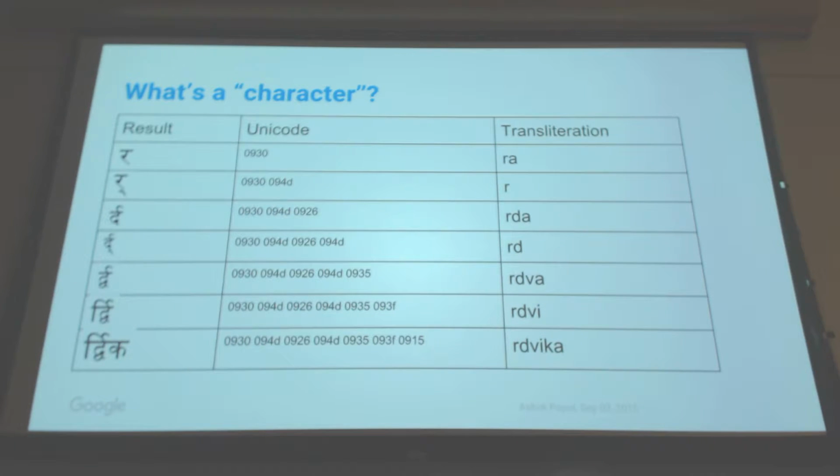So in Hindi, one way to approach it is to say that we also have thousands of characters, and that's also true for virtually any of the Southeast Asian languages except for Vietnamese. In fact, it's even more complicated for some of these other Asian languages.